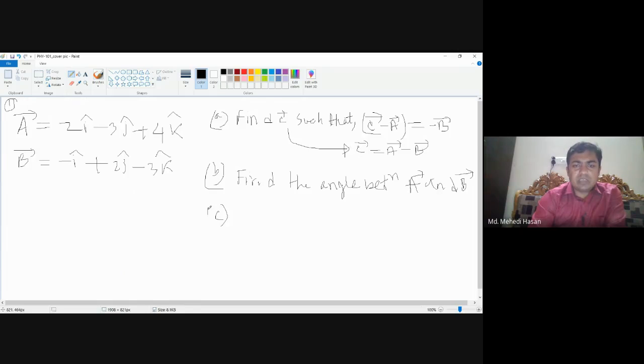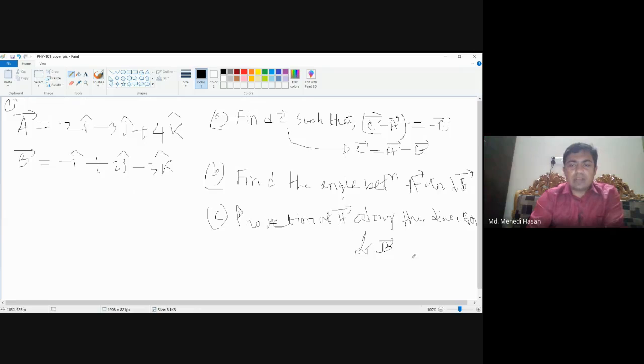And question number c, projection of a along the direction of b, or you can say the perpendicular component of a along the direction of b.